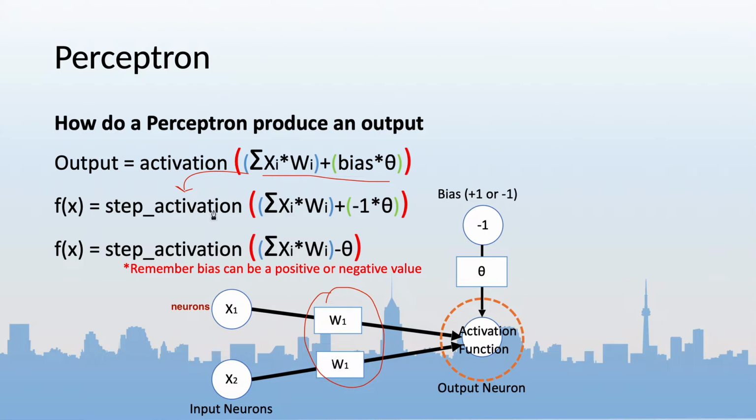So this equation is reduced into a simpler equation. Why we reduce this equation is because the value for bias is either positive 1 or negative 1.